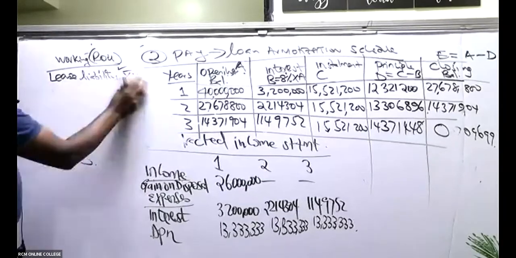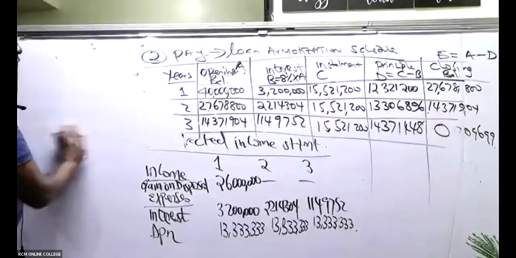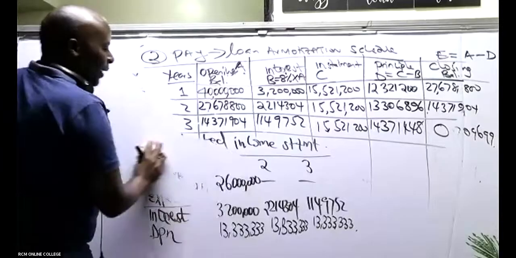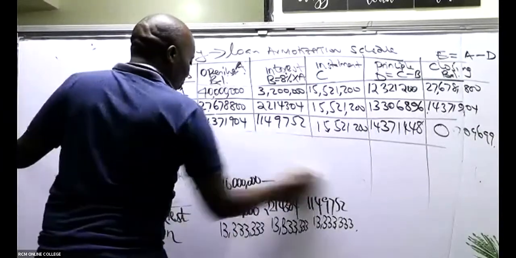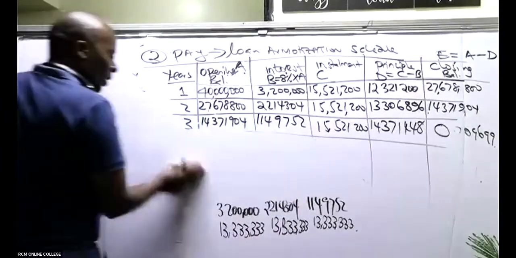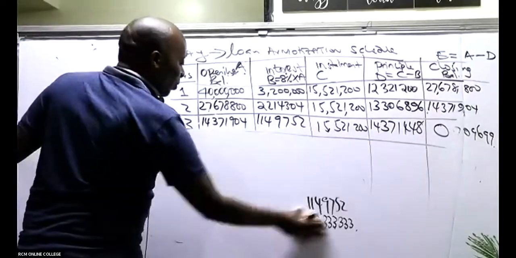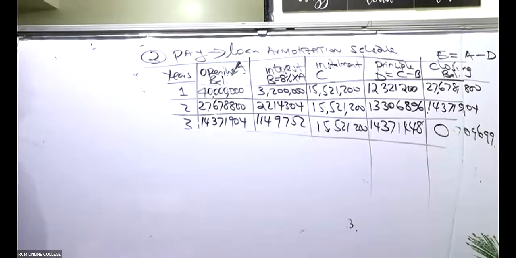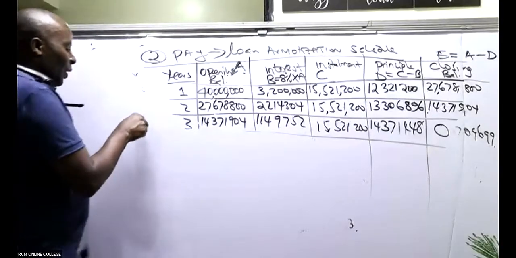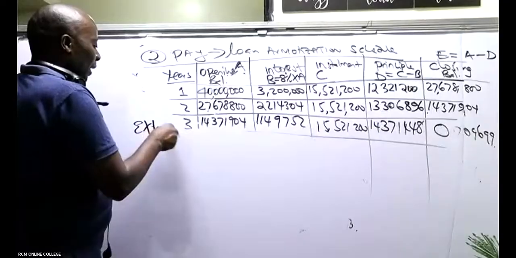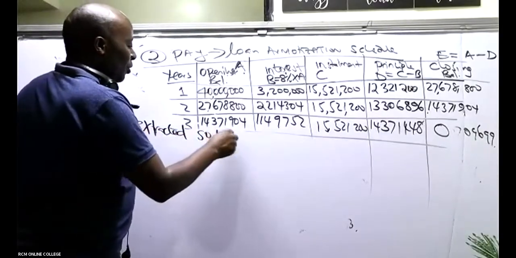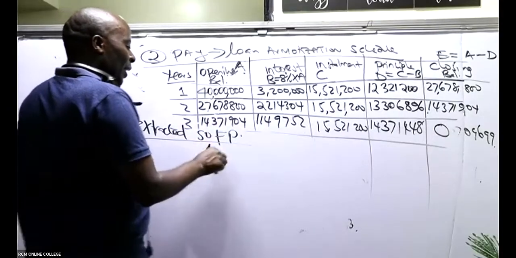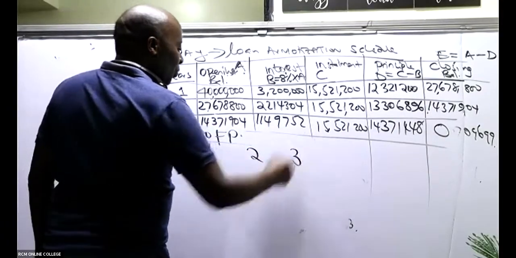All right. So the last one, number 4, now you'll be able to give us an extracted statement of financial position. So remember, we have our years 1, 2, 3.